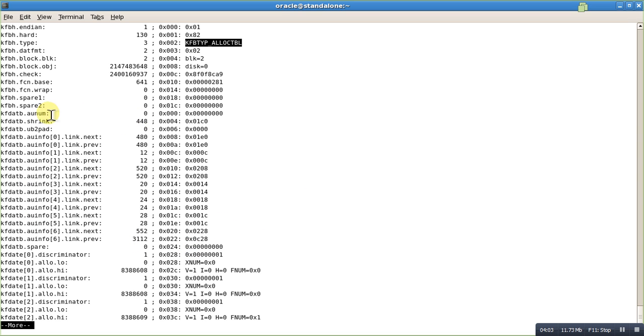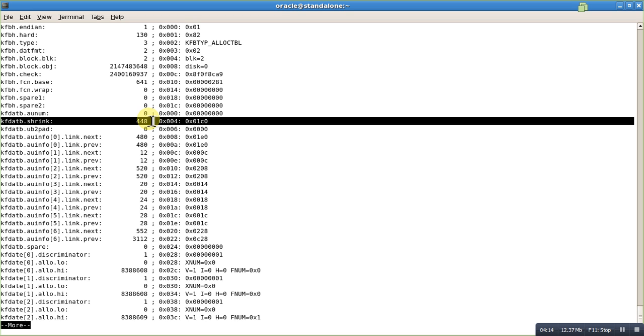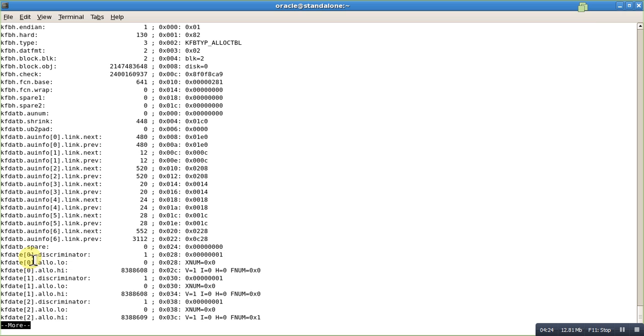Here you can see the AU number, which is the first allocation unit number addressed by this allocation table block, and the stride value 448, which means that this allocation table block has a total of 448 allocation units, starting at 0. So each allocation unit number is the index for this value here.